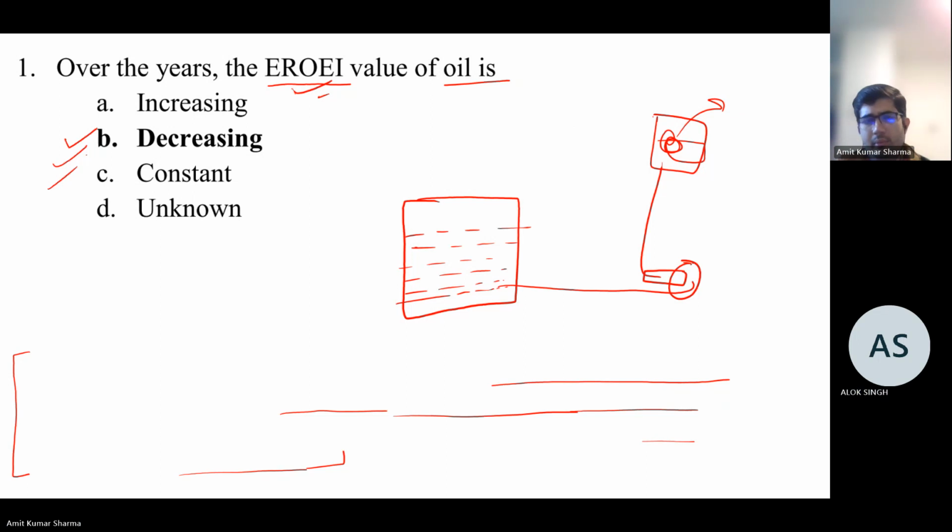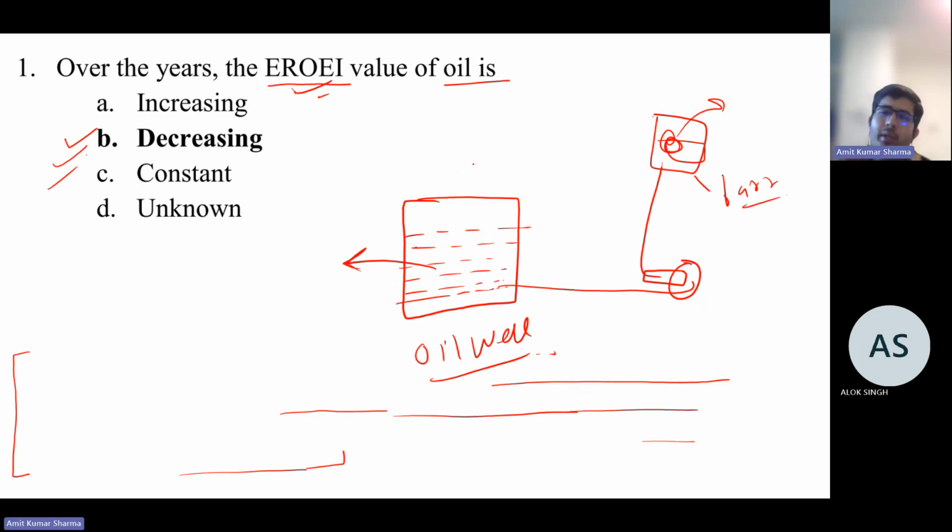Yes, sir. Okay, so this container is your oil well. These are the barrels, like wooden barrels, in which you are storing the oil. From these barrels you can use the oil to refine it or do anything.